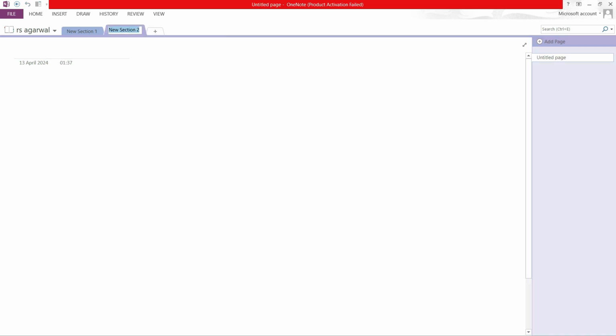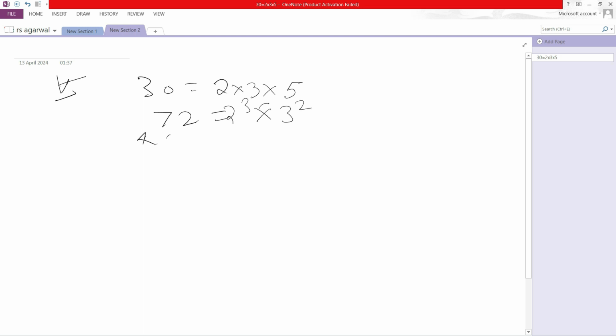So we'll see here. That is the fifth question. 30 is equal to 2 into 3 into 5. After that 72 is 2 cube into 3 square. 432 is equal to 2 to the power 4 into 3 cube.